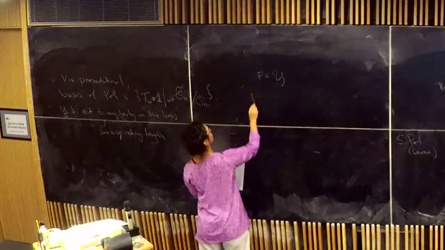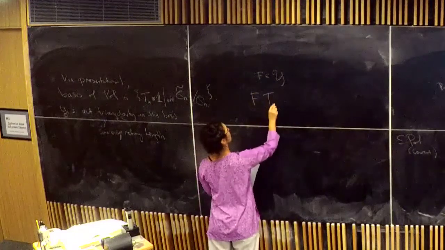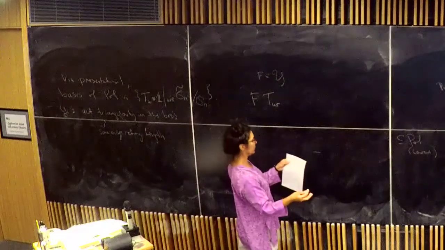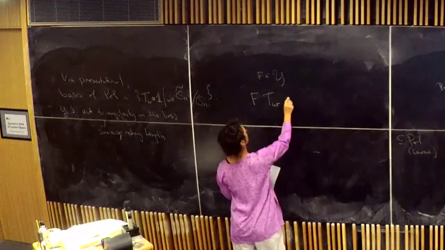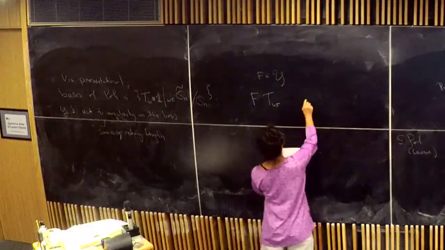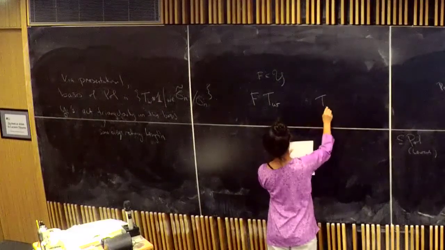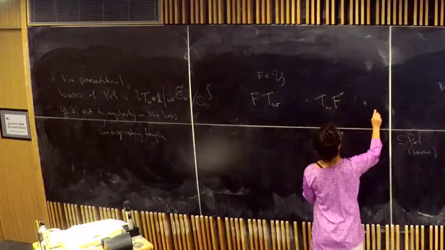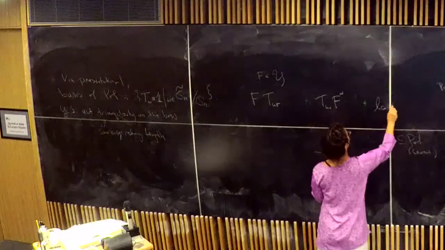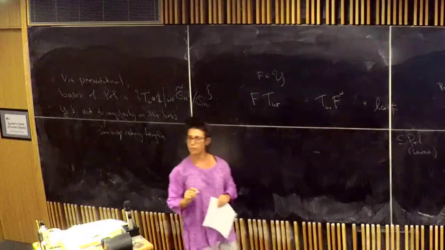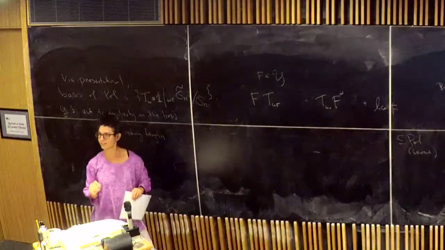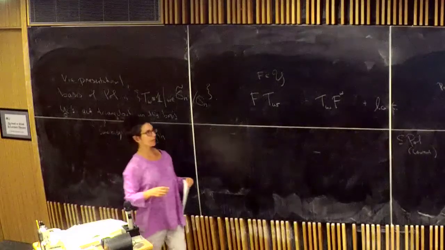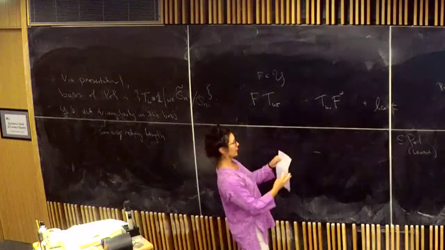So if we have an F moving past a T_w, that's going to be T_w, F acted on by w, plus lower order terms, much like in Gregor's talk where the Cherednik polynomials came in. It's going to be lower order terms, right? And then you said you could figure out and get a weight basis out of that.